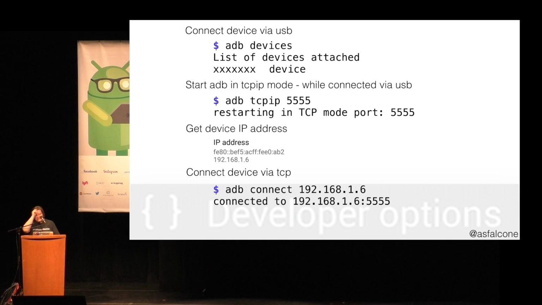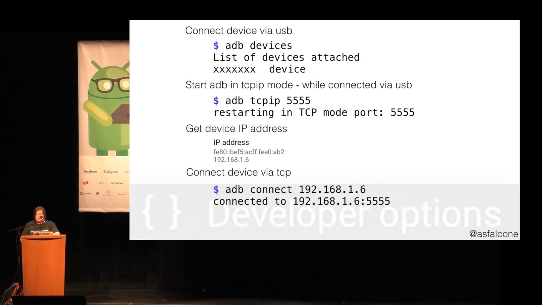Wire free. So you can get around this requirement to plug in to the USB, to initiate via USB, if the device was rooted. And there are a different series of commands that you would run on the device itself to initiate that process. So then you start ADB in the TCP/IP mode, basically restarting it to connect over IP.